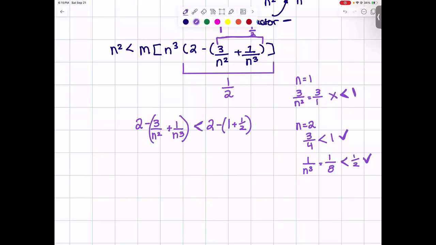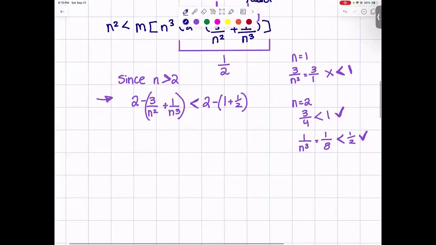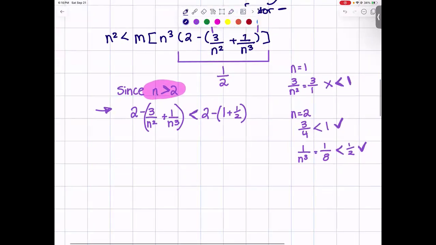This is what we're trying to say, and we can say that as long as we make sure that our value of n is greater than 2. That's what we're working up toward right now. We're going to need this when we actually do our proof on the other side. Okay, so let's keep going. Now that we have found that value, and we don't want to lose it, let's remember that and keep working through this problem.